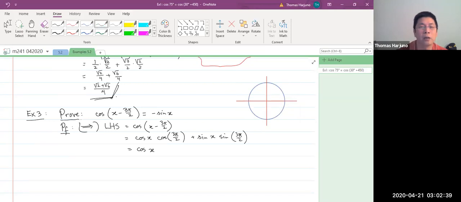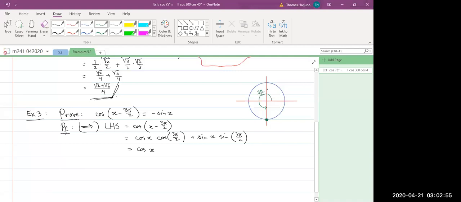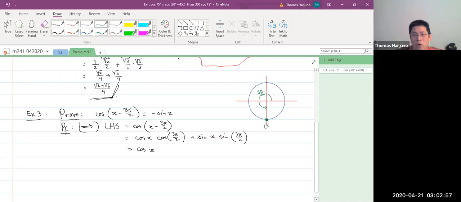If the angle is 3 pi over 2, you go 3 pi over 2. This is 3 pi over 2, right? What is the coordinate here, if this is a unit circle? 0, comma, negative 1, right?